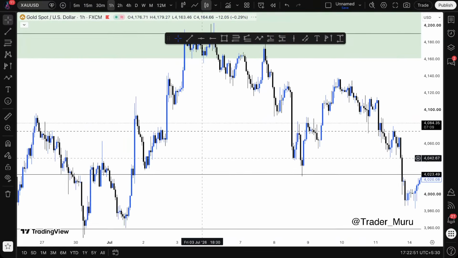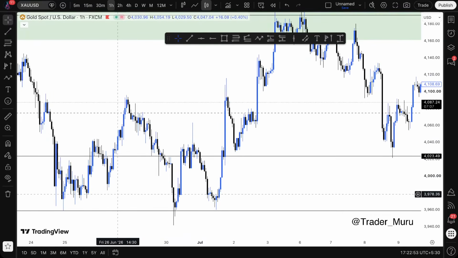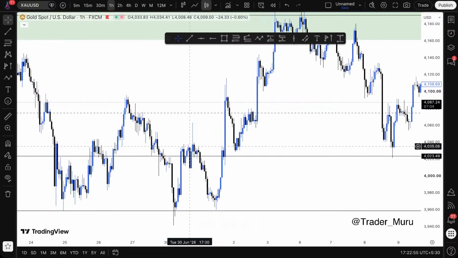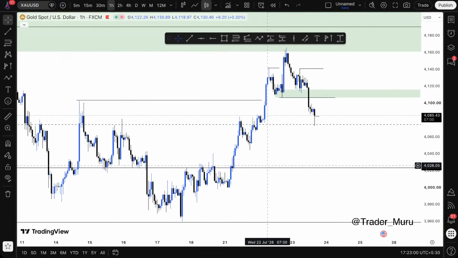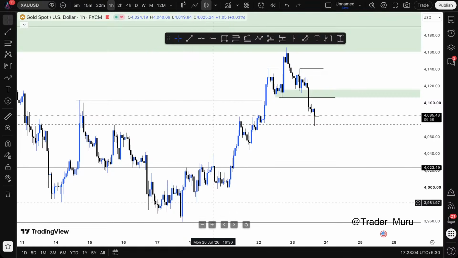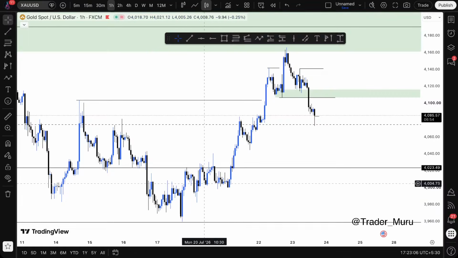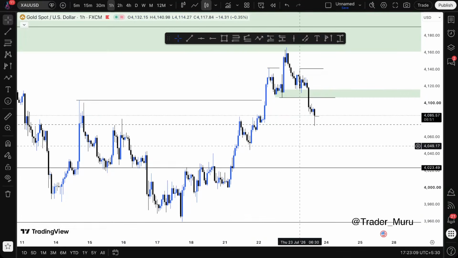What? Where is it? You can call this a double bottom, where you can see this area. If you are talking about this one, it has already been played, so the effect is already done.